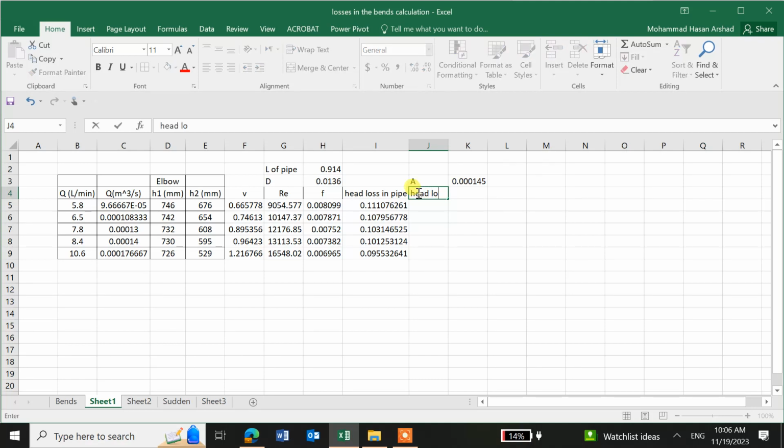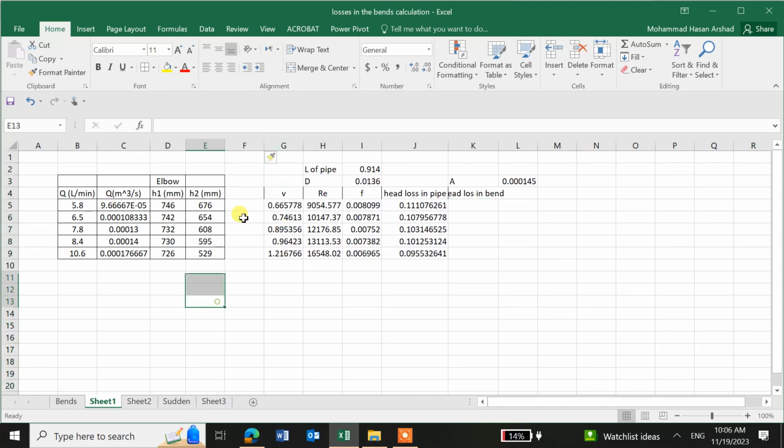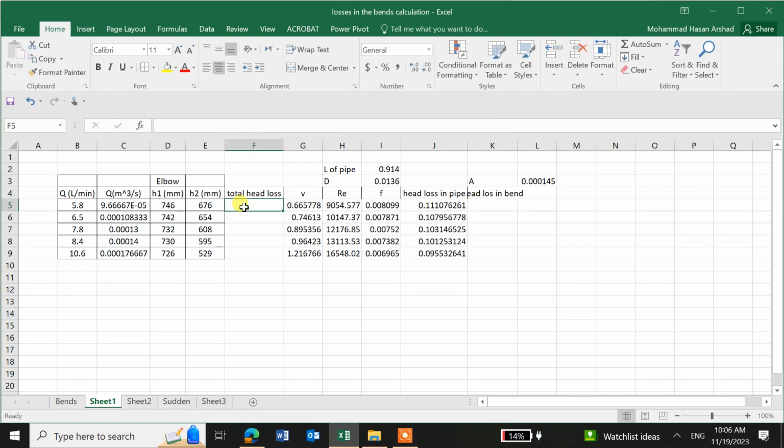Now head loss in bend, how can we find it? You can say total head loss, which was including pipe plus bend. This was H1 minus H2.